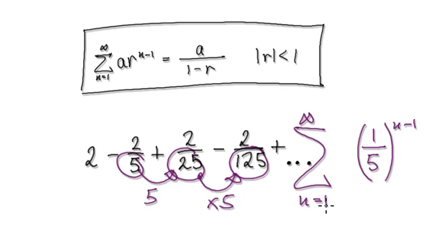When n equals 1, n take away 1 will be 0, so this whole thing here will be 1. But our first term is 2, so this should be our a here.